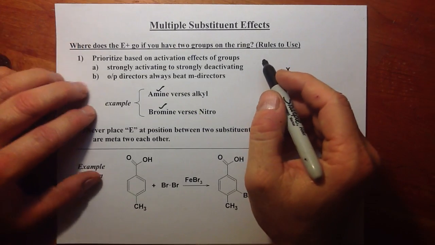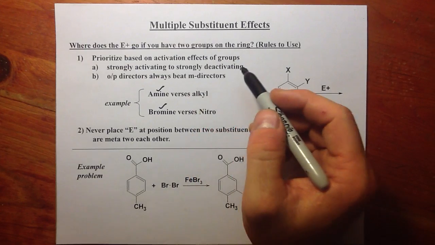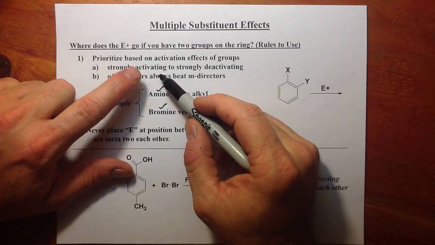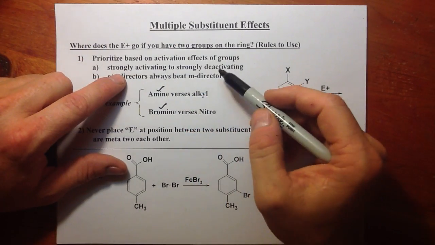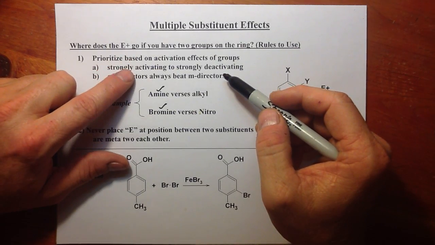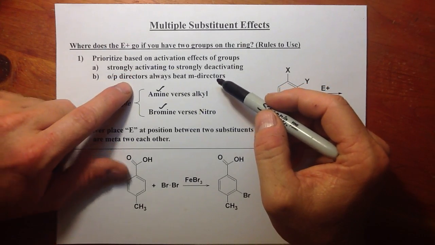Well, here are some rules to use. First, prioritize based on activation effects of the groups. Strongly activating groups are more influential to where things go than strongly deactivating groups. So we try to find activators. Those will determine where the electrophile goes over deactivators.